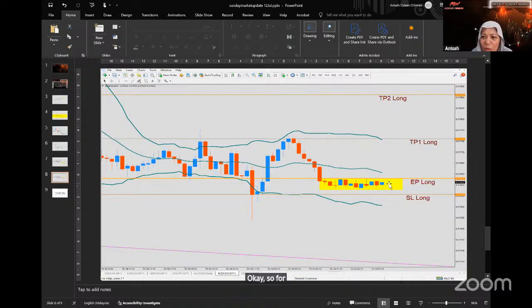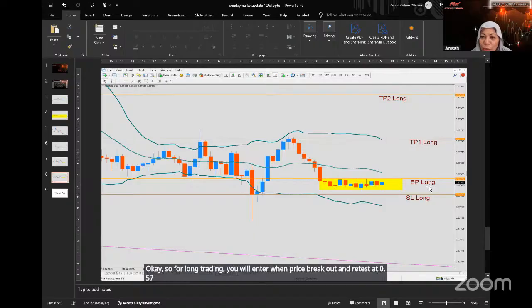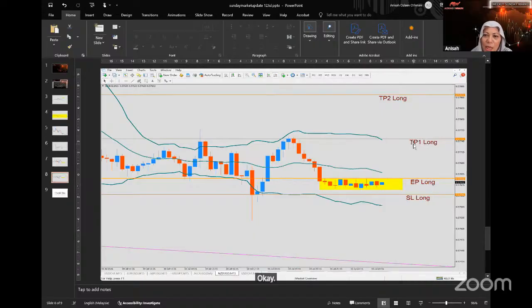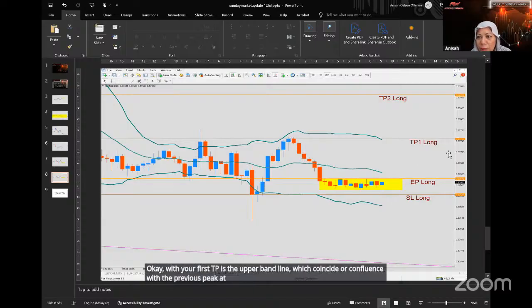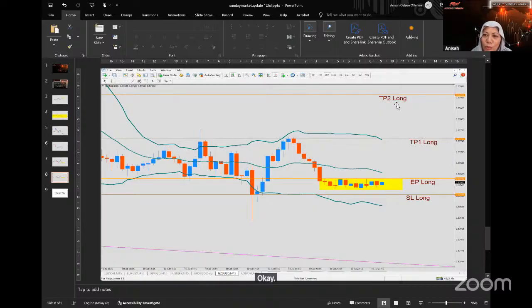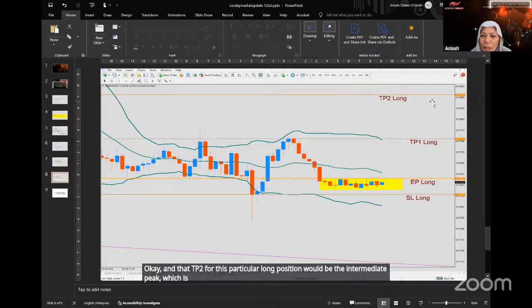For long trading, you will enter when price breaks out and retests at 0.57642, with your first TP at the upper band line, which coincides with the previous peak at 0.57752. And TP2 for this particular long position would be the intermediate peak, which is 0.57872.